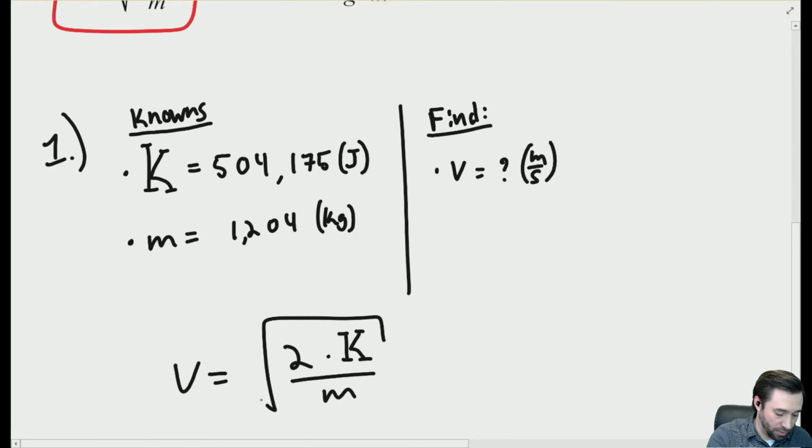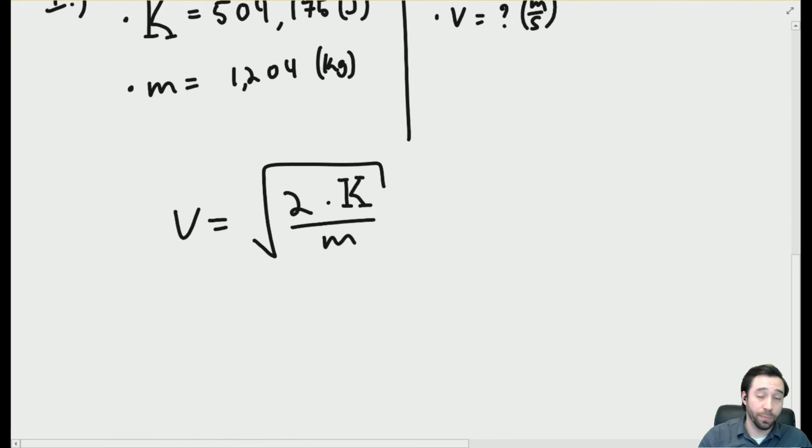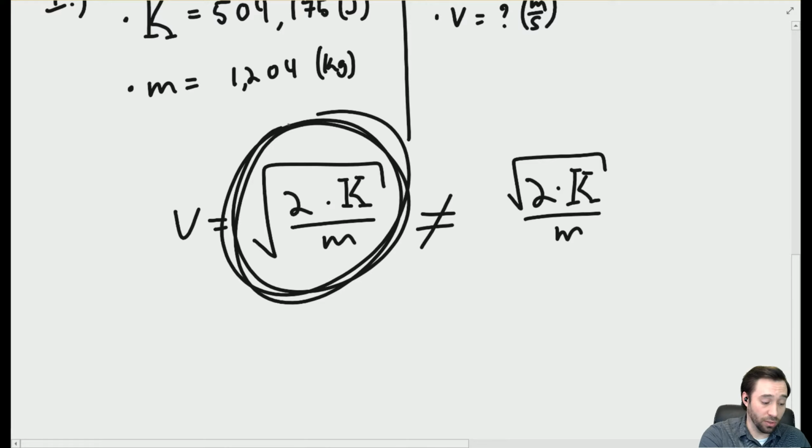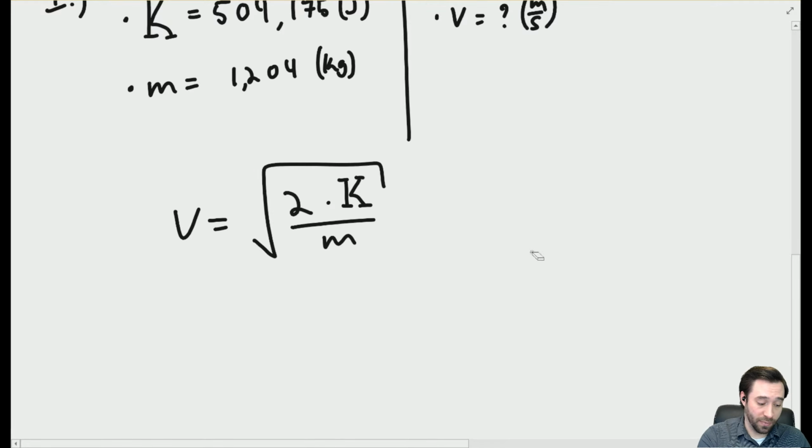Now, when you plug this into Desmos, I want to make it explicitly clear that this is not equal to this. Now, when you put it into Desmos, you need to make sure that it visibly looks the same as that. Because if it doesn't, then you're not going to get the correct answer.